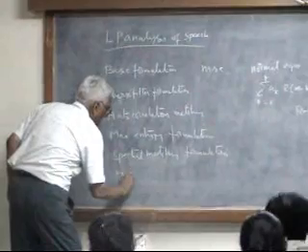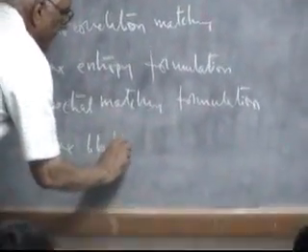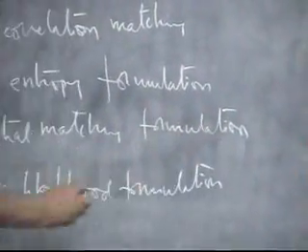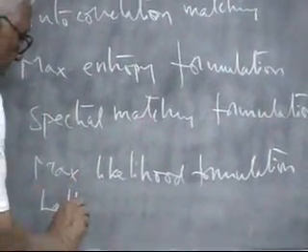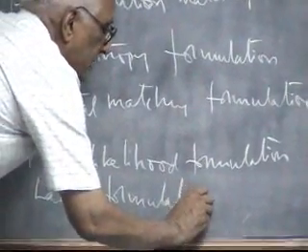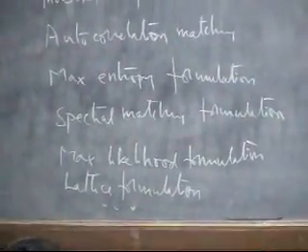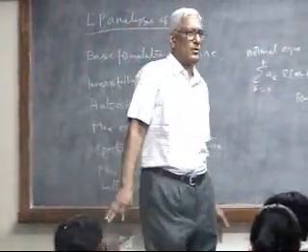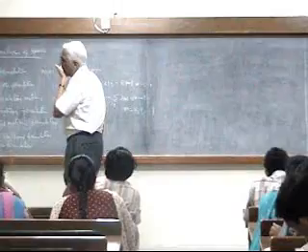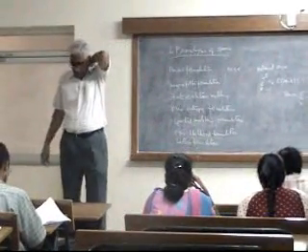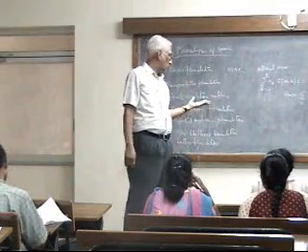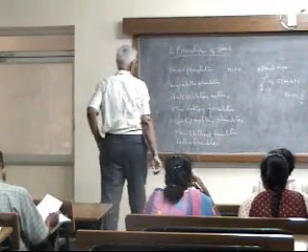One is the maximum likelihood formulation, and the lattice formulation, etc. In the lattice formulation itself, there are at least about half a dozen varieties, which are primarily meant for hardware implementation.